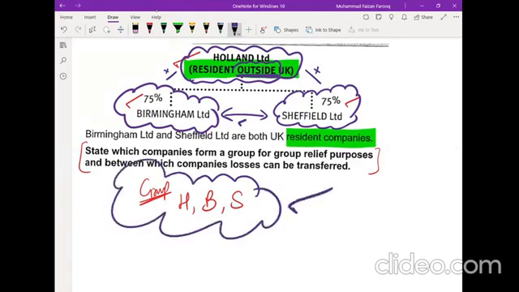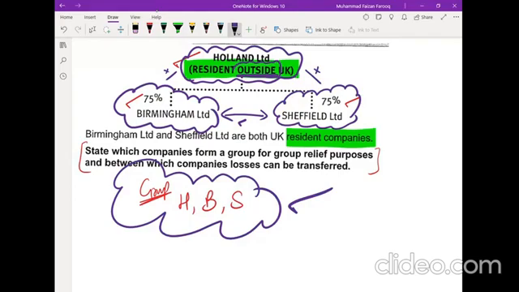Yes, for group creation we can take all the companies, whether they are in the UK or not. But when we start sharing the loss, only UK resident companies are allowed to share their losses among each other. Foreign companies can be part of a group, but they are not allowed to share their losses. Got my point?